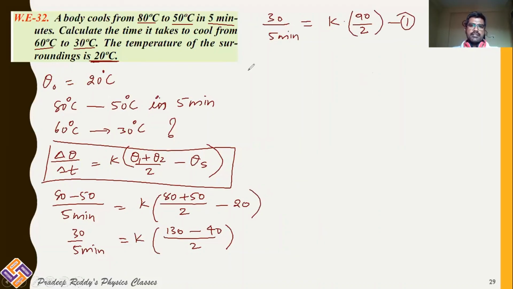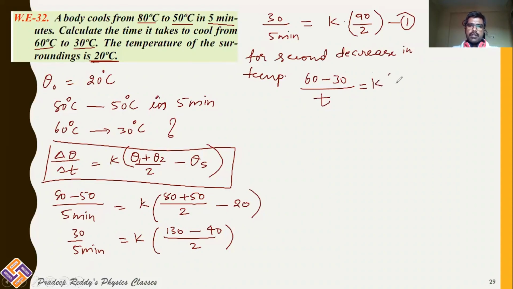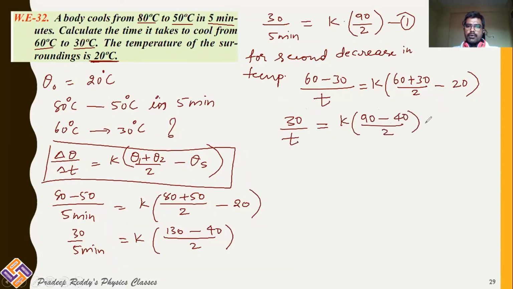Now let us take the second case, where temperatures are from 60 to 30. For the second decrease in temperature, you can write 60 minus 30 divided by some time taken T is equal to K into 60 plus 30 divided by 2, minus the temperature of the surroundings, 20. 60 minus 30 is 30, divided by T, is equal to K into 60 plus 30 is 90, 90 by 2, minus 2 into 20, 40 divided by 2, which is equal to K into 90 minus 40, that is 50, divided by 2.